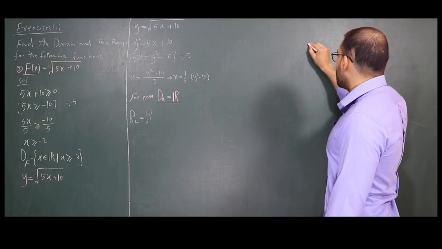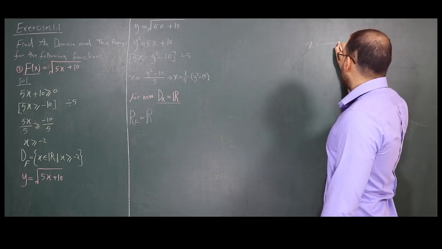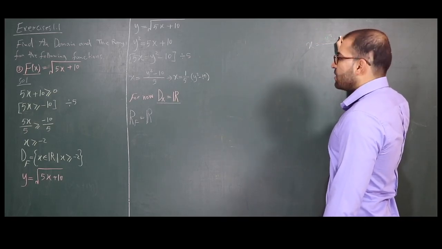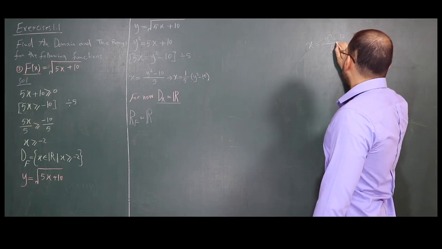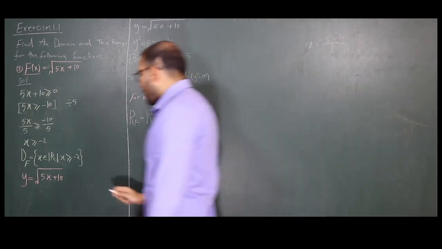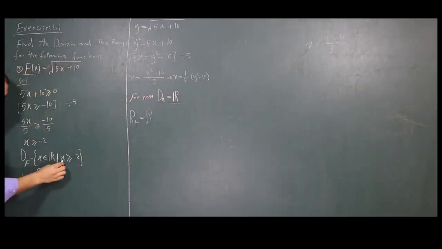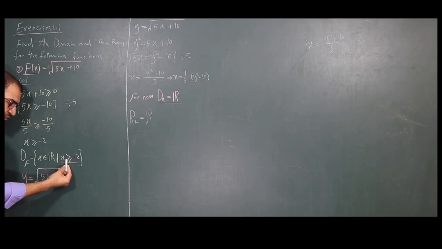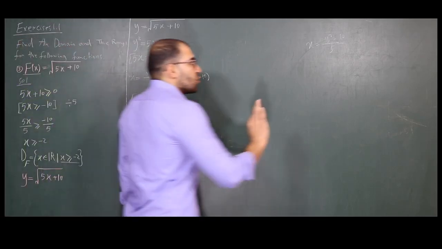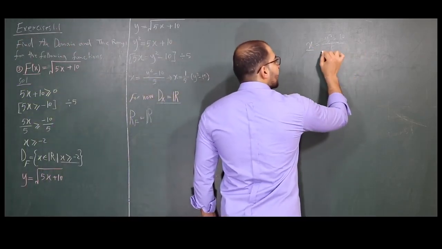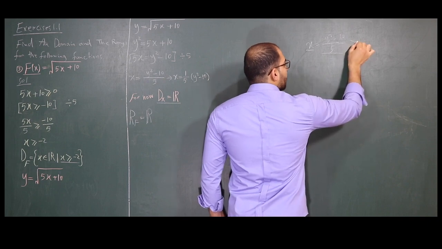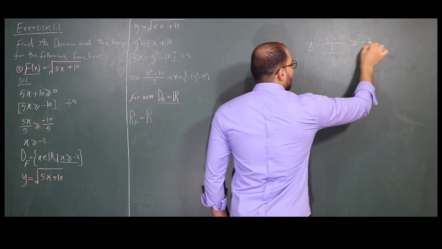So as soon as we have x equal to y squared minus 10 over 5, and we have a condition for x, I'm going to put this condition, which is x greater than or equal to minus 2. So I'm going to put this x greater than or equal to minus 2.